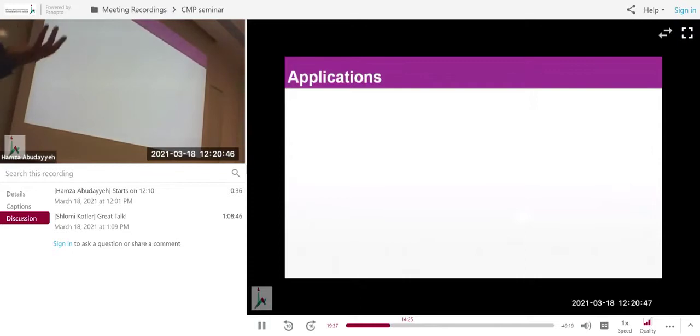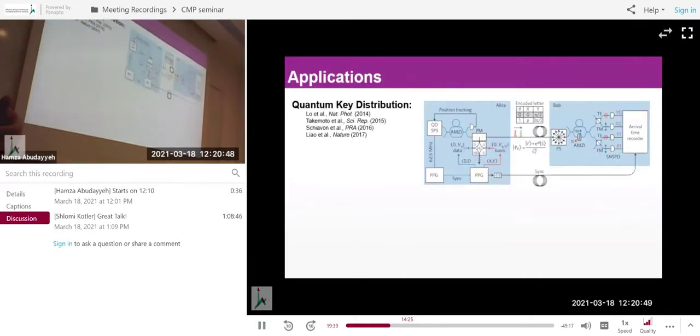Okay, so what can we use these sources for? Well, I think at least I know the people in the room know how useful these are. So for example, we can think about applications such as quantum key distribution, where you have this light source, you entangle it randomly in one of two bases, send it to someone on the other side of the world.